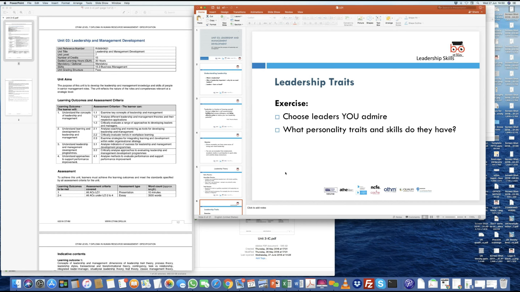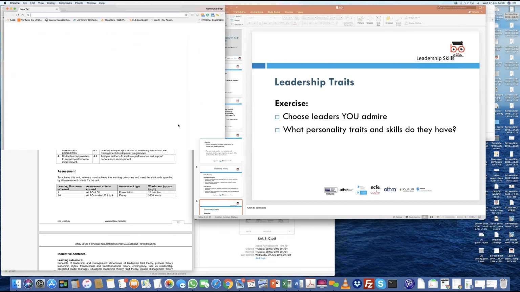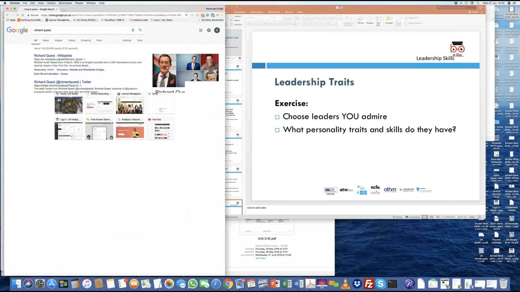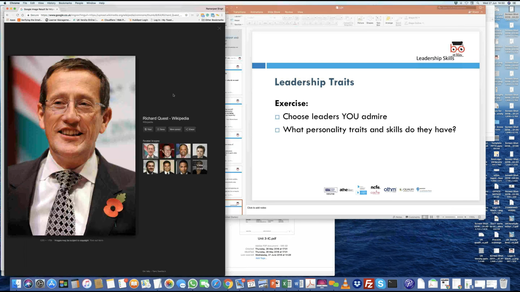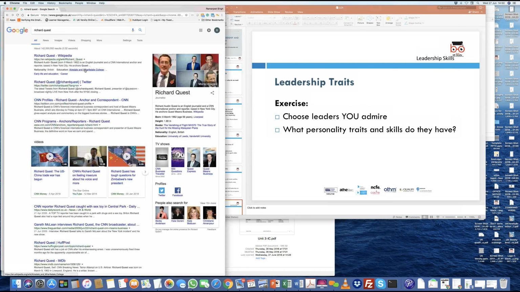And that is where you end up saying Richard Quest. So this is the person that we are talking about. He's a news presenter on CNN. There are some qualities which he has as a journalist which you like and associate with, and that makes you admire him for the program he presents.